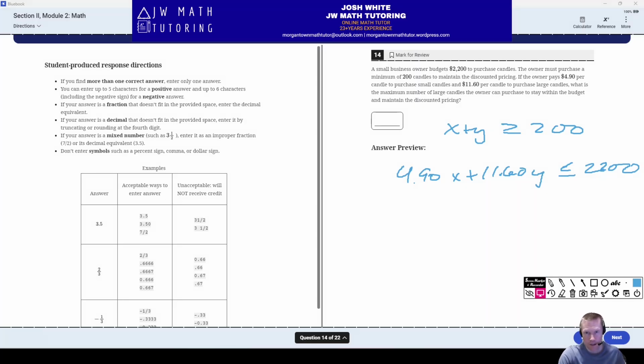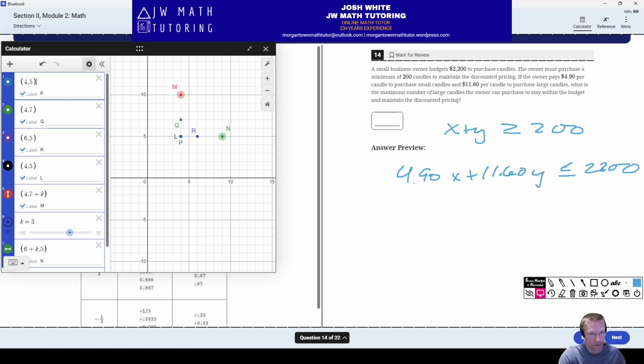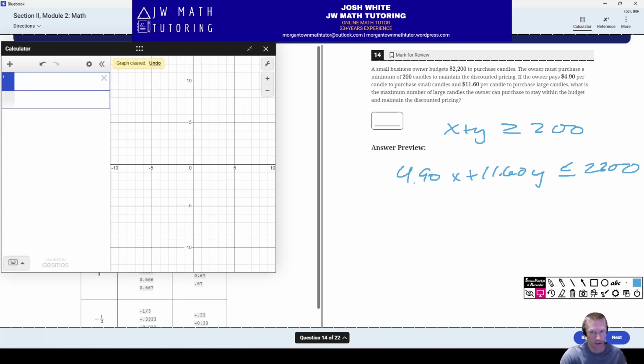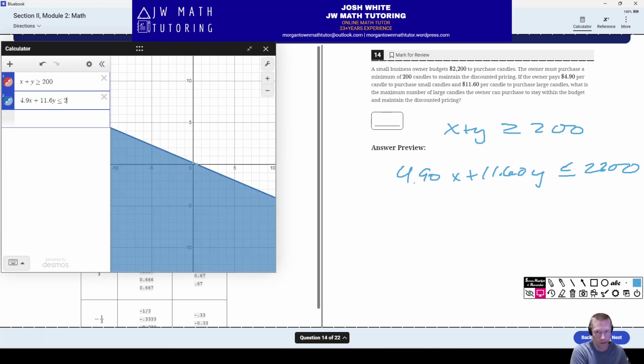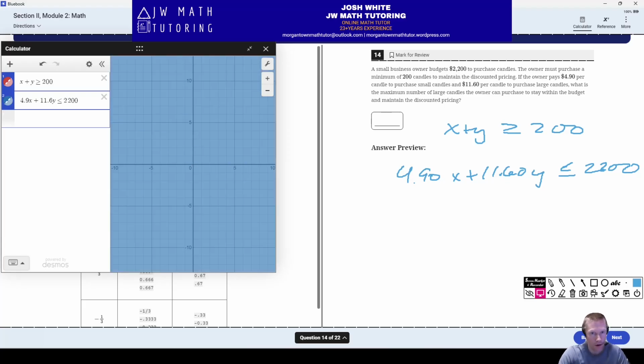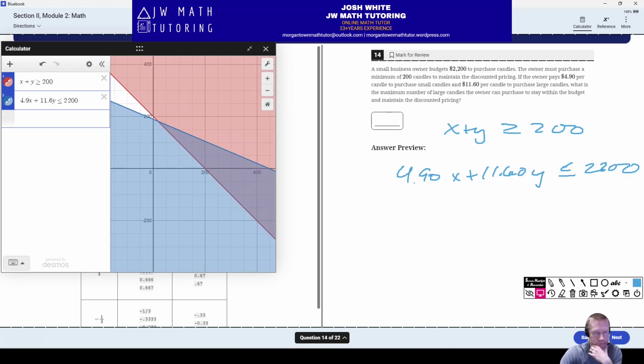So the easiest way to do this one is just to go to Desmos. Let's clear all this out of here. Graph each of these. All right. And so now, first of all, the solution set is going to be the shaded triangular region, essentially like in here.